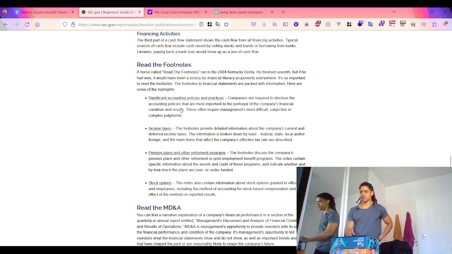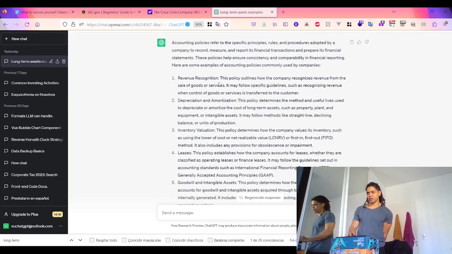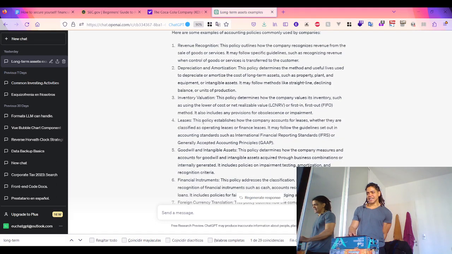Significant accounting policy and practice. Companies are required to disclose accounting policies such as revenue recognition, depreciation and amortization, inventory valuation, and leases.